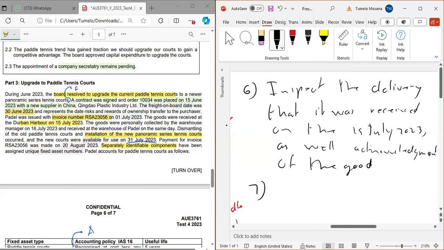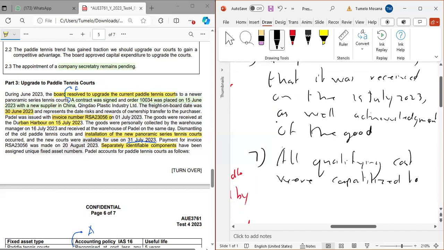So I want to check whether all qualifying costs were capitalized to PPE. So that's one thing I would want to do with this installation cost, right?